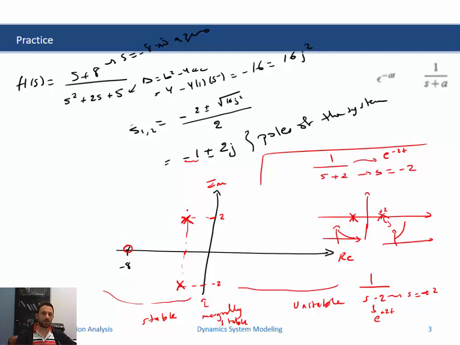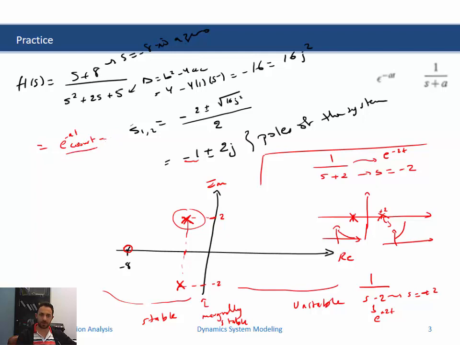Now, in case we have a complex component, we know that this will be converted into cosine and sine. If you look back over the previous sessions, you know that the inverse Laplace of this will yield some component in which we have e to the power of something, and maybe a component like cosine omega t plus something.